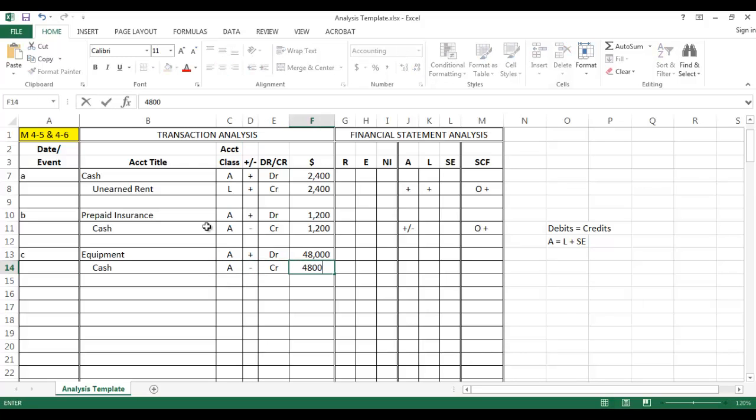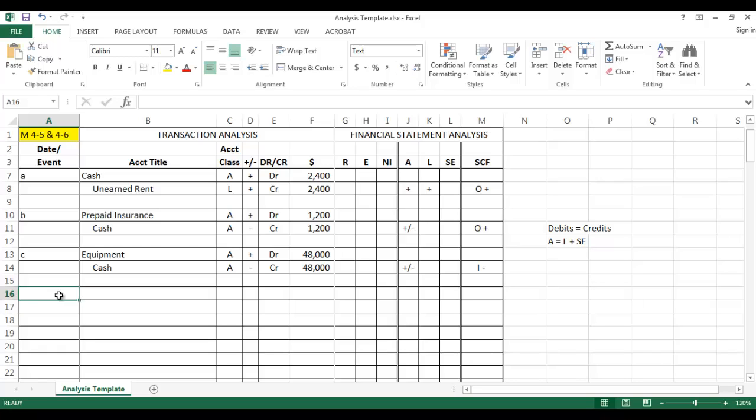Let's assume we paid cash for it. Again, no income statement effect. Assets have moved a net of 0, and this would be considered an investing activity on the statement of cash flows.